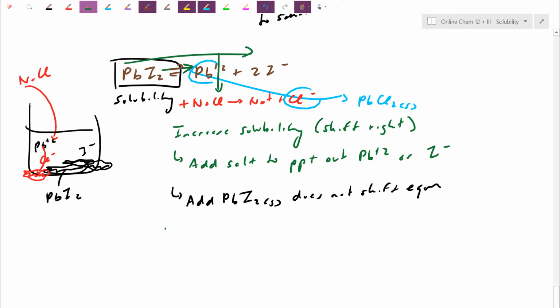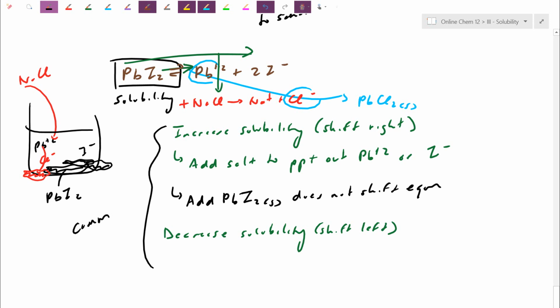Flip it around here, see if you can get the logic down. How do we decrease solubility? Well, if I want to prevent the dissolving reaction from happening, I want this equilibrium to actually shift left. Both of these are examples of what's called the common ion effect. I'm dealing with the ions that are in solution. Either I'm trying to pull the ions out to shift the equilibrium to the right, or I'm going to add some salt.